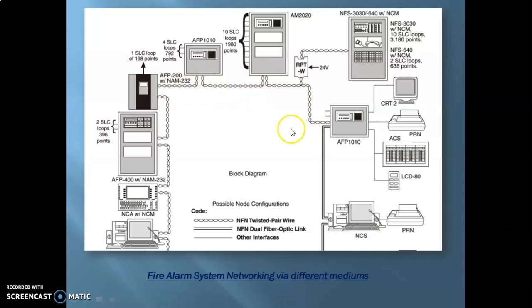Of course, here as you can see, it shows other interfaces as well. What this means is that you can connect any of these panels to any number of other devices that can be interfaced with these fire alarm control panels using other mediums such as Cat5 or Cat6 cables.